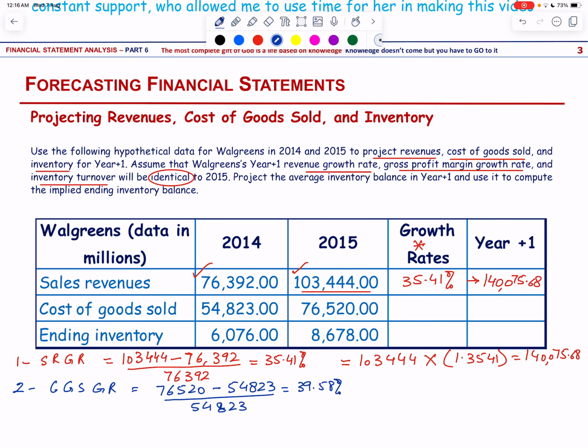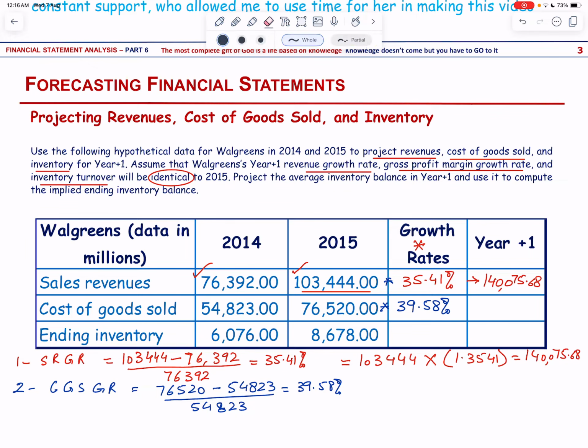So the growth rate of cost of goods sold is 39.58%, and obviously this is not a good sign because the growth in the cost of goods sold is higher than the growth rate for the sales revenue.